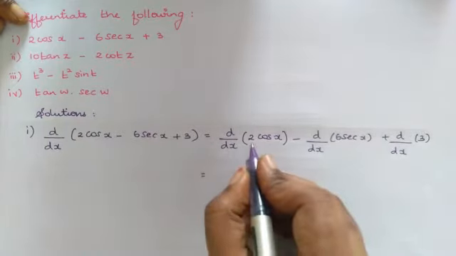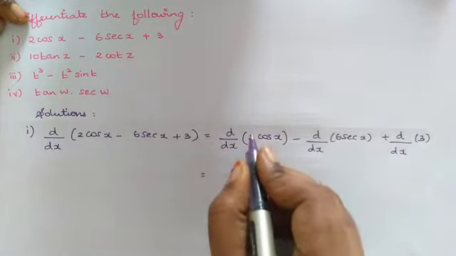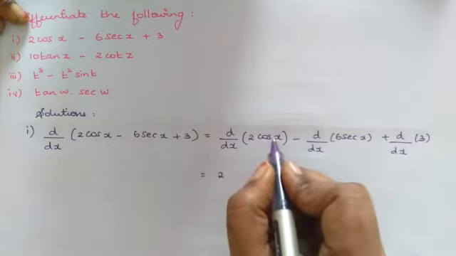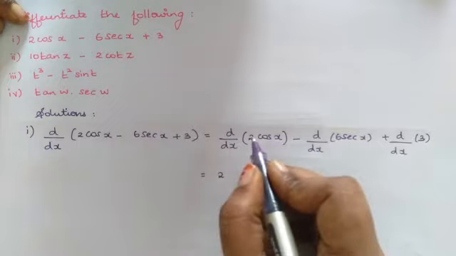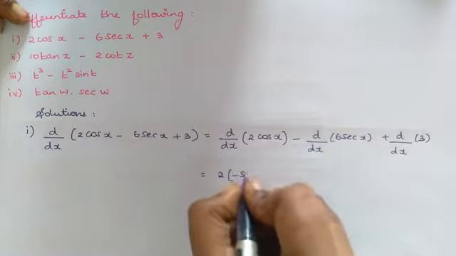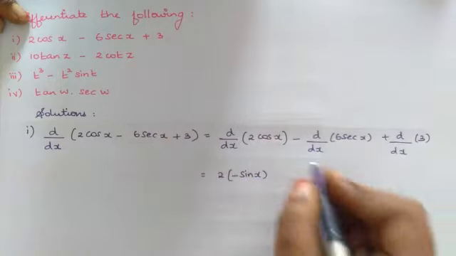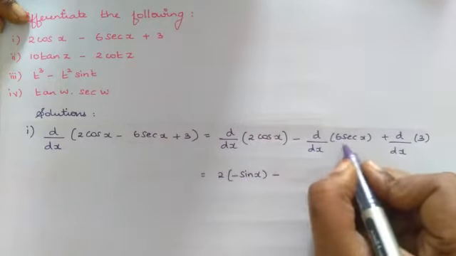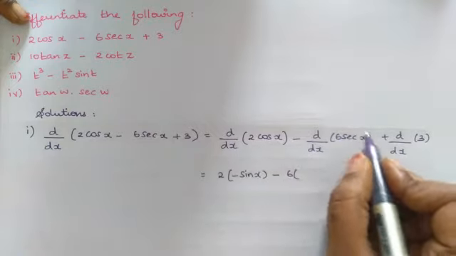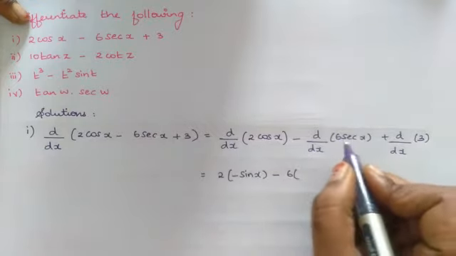So now this is 2 cos x. The constant, that is the coefficient, leave it undisturbed. Differentiate the trigonometric function cos x. The differentiation of cos x is minus sin x. Minus, this coefficient constant, have it as it is. Differentiate secant x, d by dx of secant x.